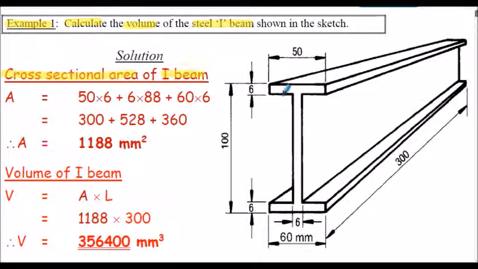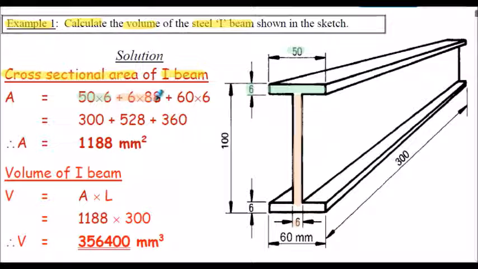I'm going to break the I-beam into 3 rectangles. So the first one is the upper flange. We can see from the geometry that's 50 millimeters wide and 6 millimeters thick. Next, I've calculated the web, and the web from the geometry given is 88 millimeters deep by 6 millimeters width.